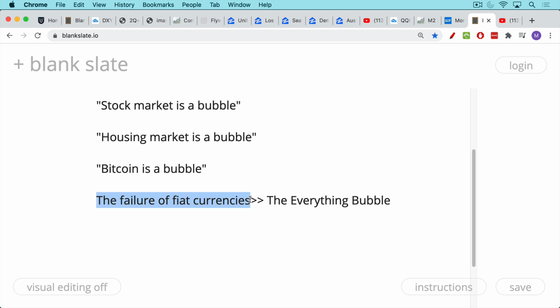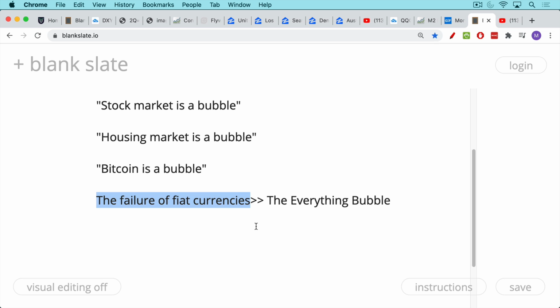And the result is you get what a lot of people are calling the everything bubble. But is it really a bubble if the currency is going down and will continue to go down, not just against other currencies, but against real things, scarce things like real estate, like stocks, like Bitcoin?